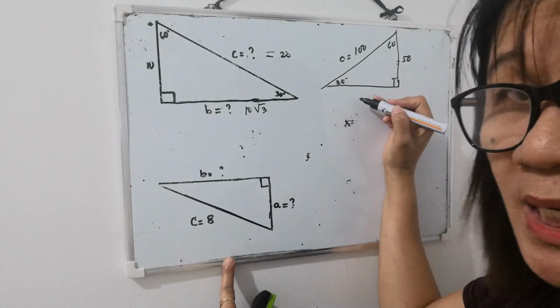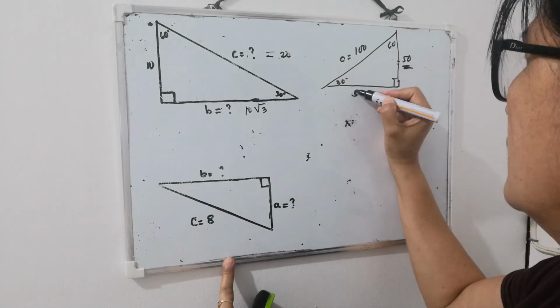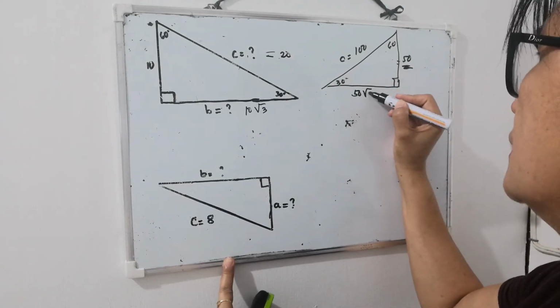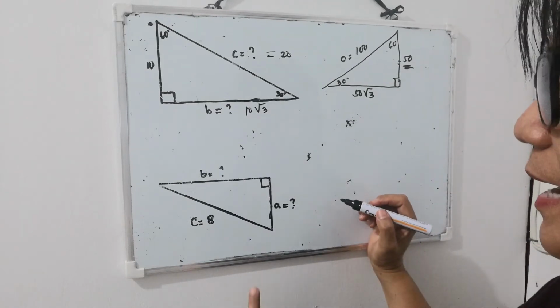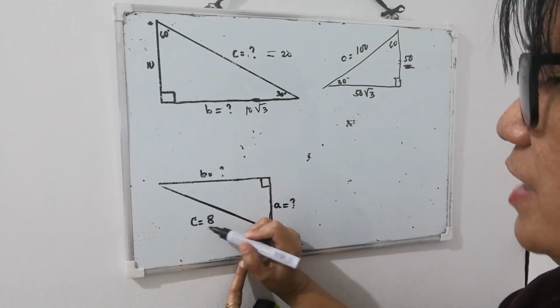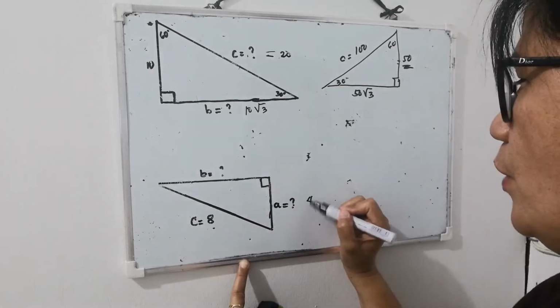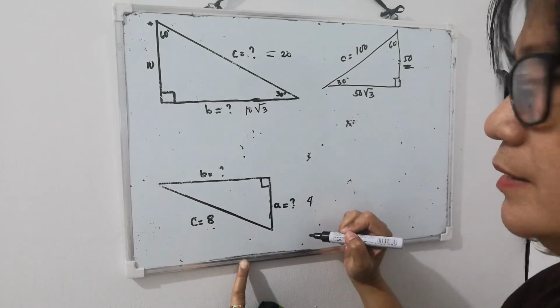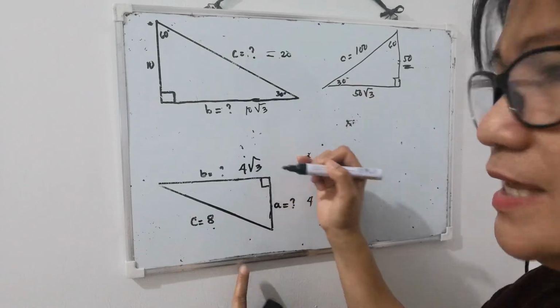How about the longer leg, yung B? So kung ano yung measure nito, it is 50 times the square root of 3. O, di ba, hindi mo na kailangan gumamit ng formula. Ayan, so kagaya nito, given yung C, ano kaya yung A natin? It is 4. Di ba? Then, how about this one? It will be 4 the square root of 3.